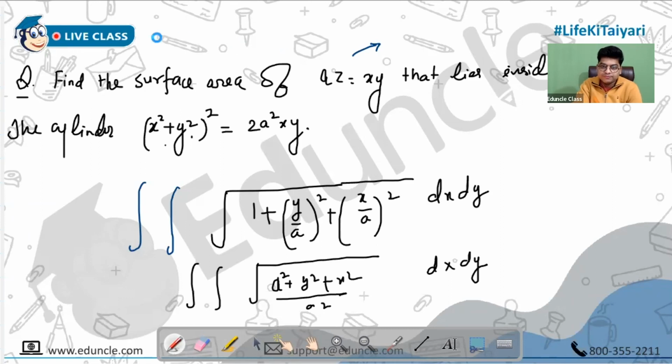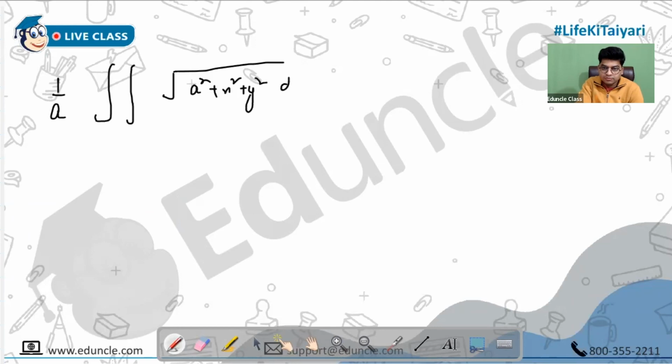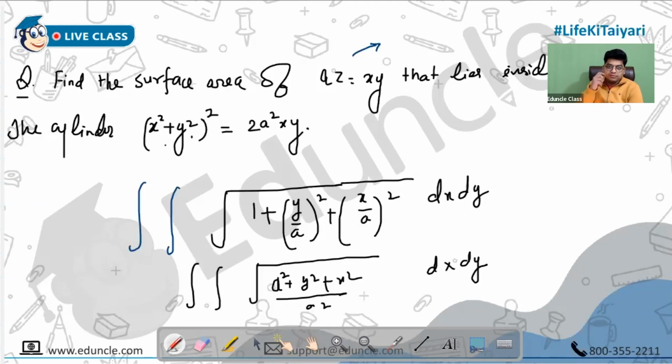So the problem is 1 by a of under root of a square plus x square plus y square. So we have some question in our mind. Number one question is, what is this?